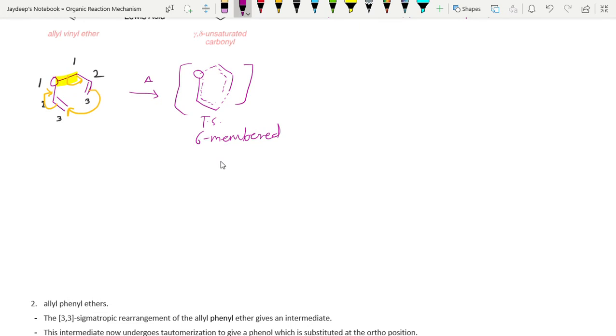Now when the transition state collapses, it forms a product like that. Here a new sigma bond is formed, and here a sigma bond is broken.